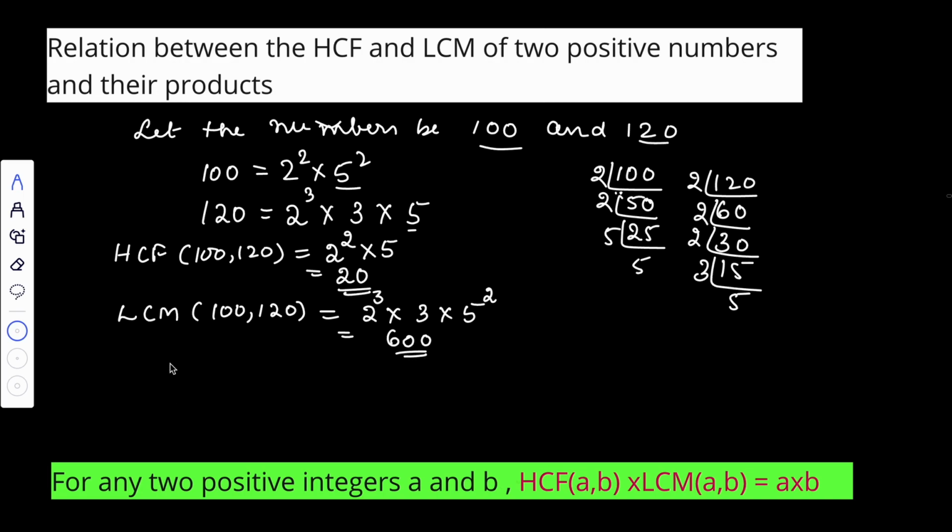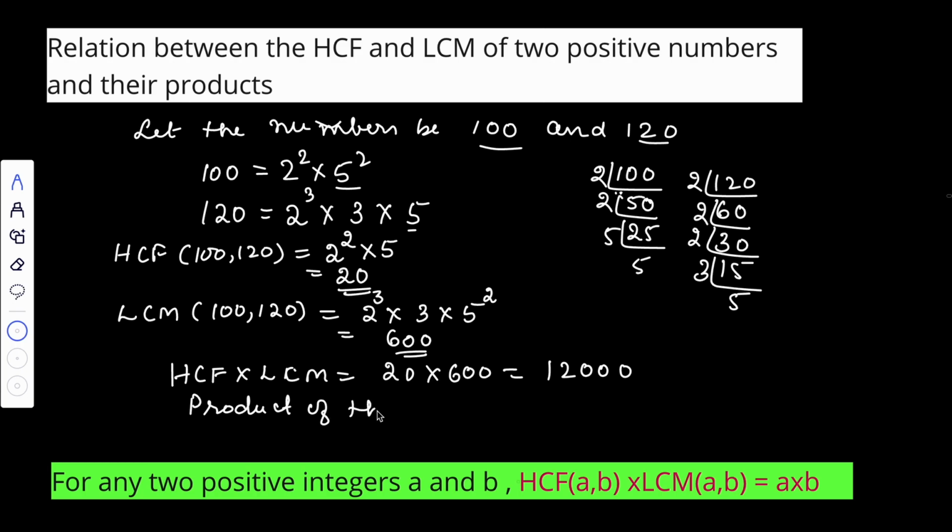Now the product of HCF into LCM, that is 20 into 600, we will get 12,000. Then product of the numbers, that is numbers what is given here, 100 into 120, and that is also we are getting 12,000.